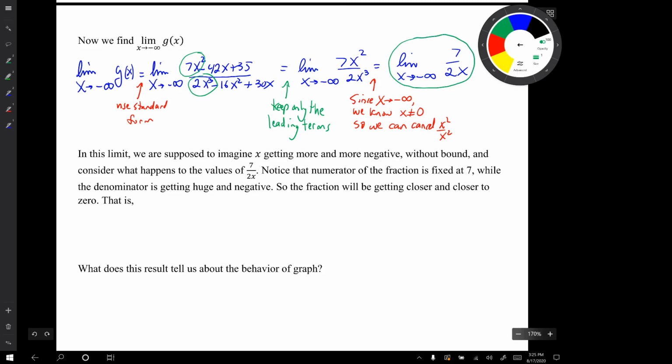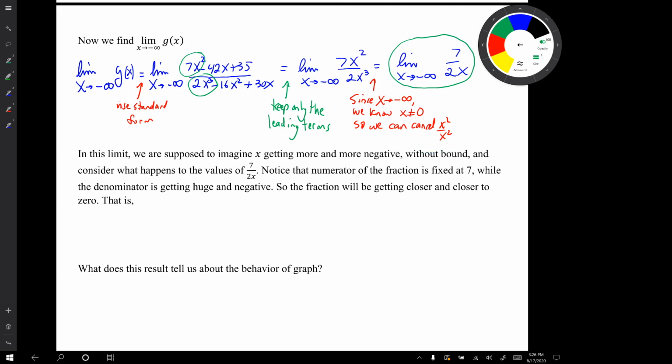We did the same thing we've done in the last couple of problems. We started by using this standard form of the function. And then in the next step, we kept only the leading terms. In the next step, we canceled. We explained why we could cancel. Key thing was we knew that x is not equal to 0. We had to say why we knew that. And we arrived at this simpler form.